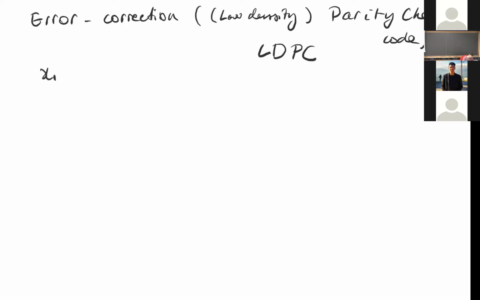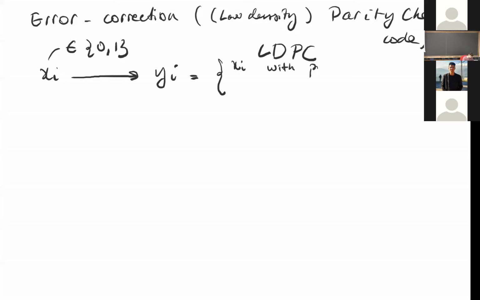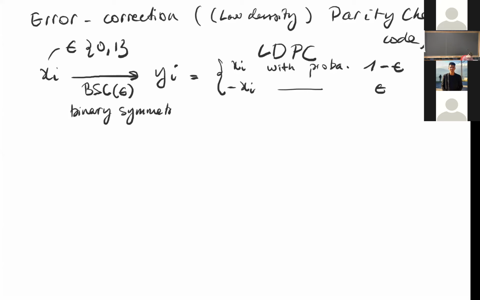Let's say that when you have a bit xi that belongs to {0, 1}, when it is communicated through the communication channel, on the other side you receive a yi, and we will say in the simplest setting that it is equal to xi with probability one minus epsilon, and it is minus xi with probability epsilon. So this communication channel is called a BSC epsilon, where BSC stands for binary symmetric channel.